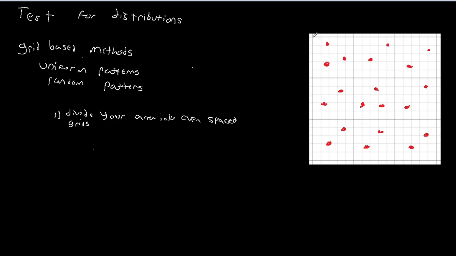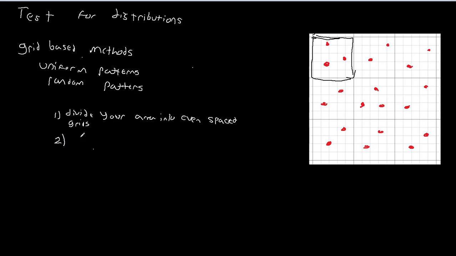This right here is one grid. In this case, we have 9 grids: 1, 2, 3, 4, 5, 6, 7, 8, 9. So the first thing is to divide your area into evenly spaced grids.